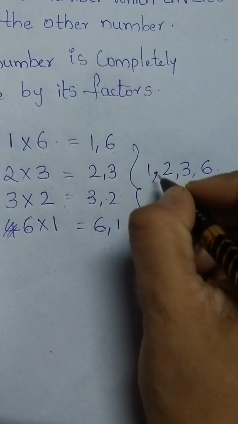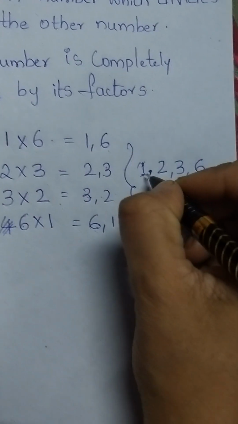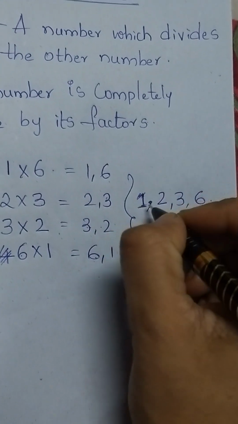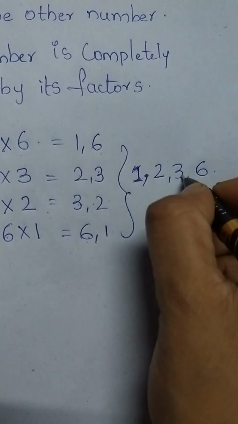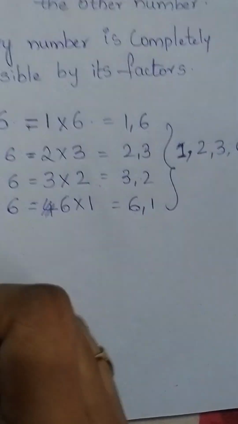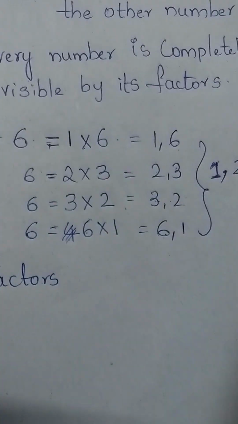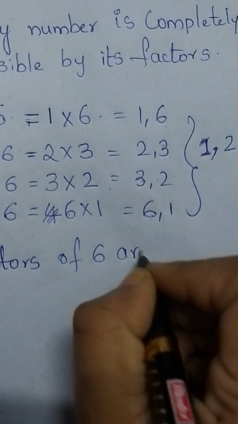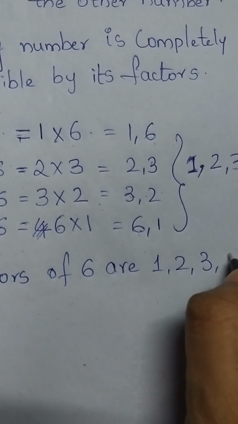1 is always a factor of every number. 1 is the smallest factor of every number. So we always write that 1 is a factor of every number. And the next numbers, 2 and 3, divide 6. 6 is itself a factor. So the factors of 6 are 1, 2, 3 and 6.